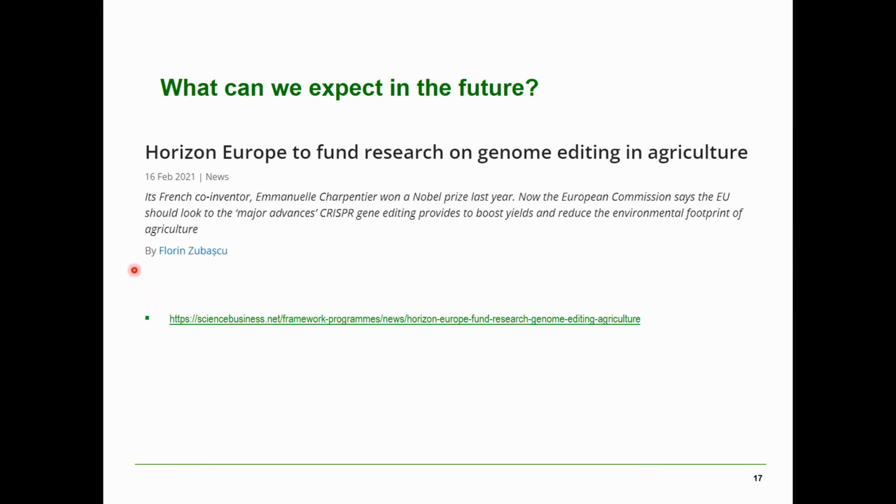Now I put out this article also because, at the beginning, especially in the European research project, there were these doubts about genome editing. But as you see, nowadays, or at least according to this article from February 2021, Horizon Europe is going to fund research on genome editing in agriculture.